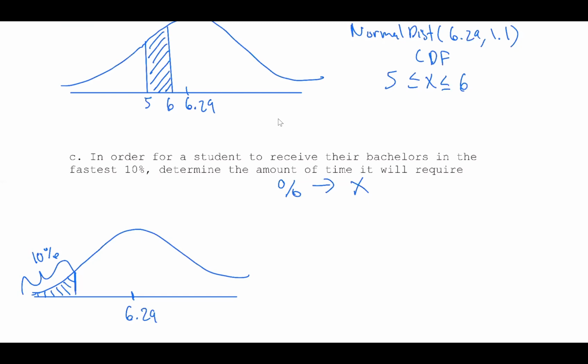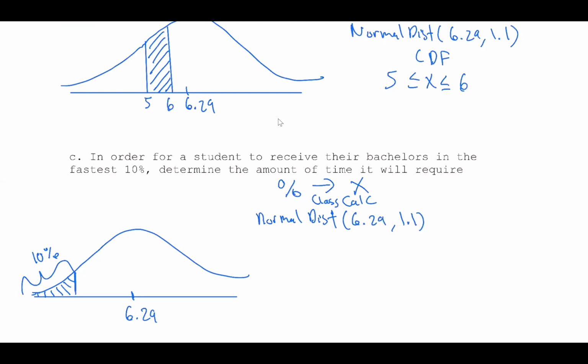All right, so let's go ahead and do this next problem. So for this one, we're going to say normal distribution. Remember, we're doing this in ClassCalc. What we have to do is give it the mean. So the mean is 6.29, standard deviation is 1.1.